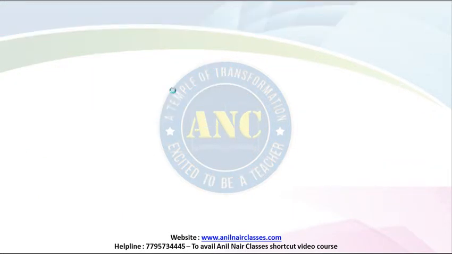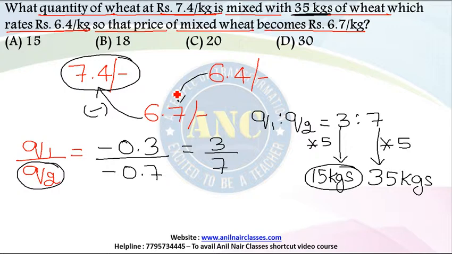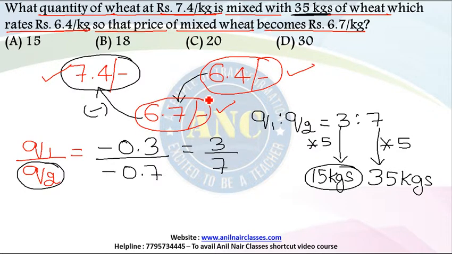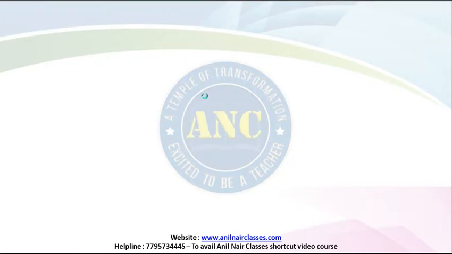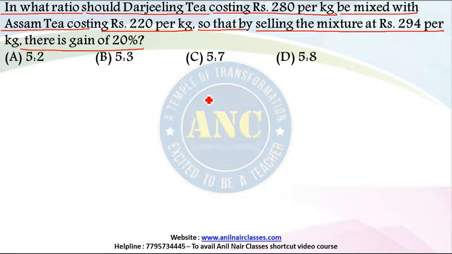Please remember that carefully. In any question you take, 7.4 rupees is the cost price of the first parameter, 6.4 is the cost price of the second parameter, 6.7 is the cost price of the resultant mixture. We can alligate the parameters only if the parameters are of similar quantities. That means every parameter should be of prices itself, and in price again in the subcategory they should be either everything cost price or everything selling price. That is how it should be to alligate it.